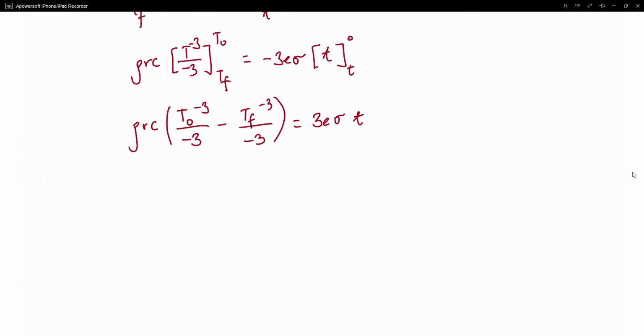Yep, so now we want to isolate this equation for Tf. Right, so we can simply move everything to one side.